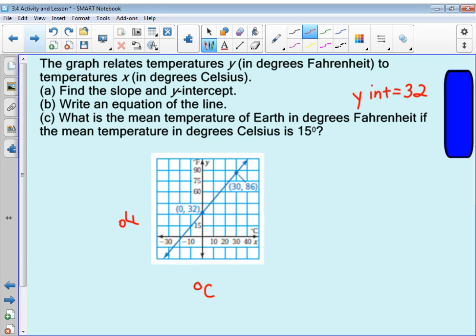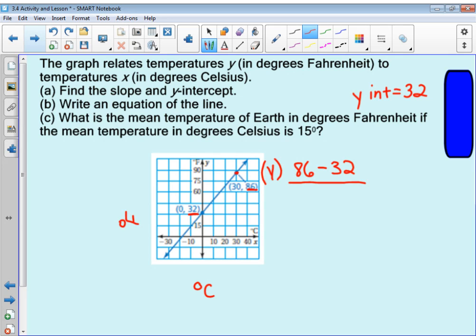Okay, and our slope, well, to do our slope, we need our rise and our run. And that's kind of hard to do off of this graph because this dot right here is falling between two boxes. So we're going to go ahead and do our change in y over our change in x. So if I originally start with 86 minus 32, these are our y's.